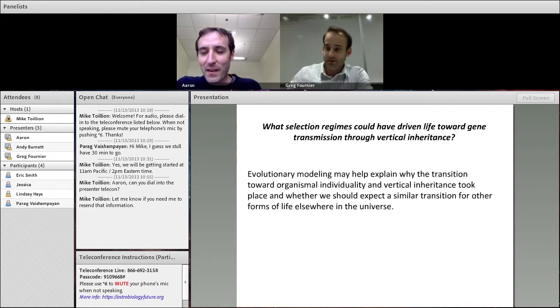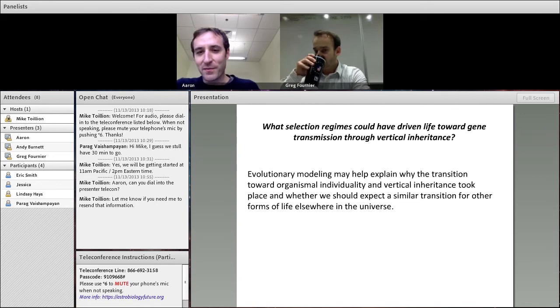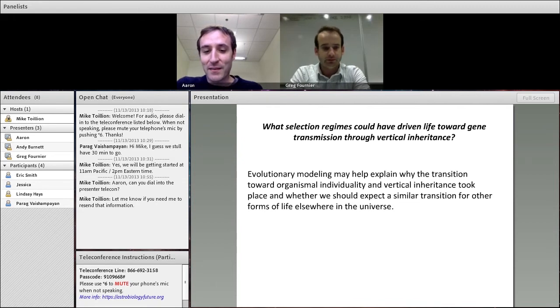Okay, so assuming that LUCA represents a change in the type of transmission of genes from a dominantly horizontal regime to a vertical inheritance regime, we thought it would be useful to understand exactly what selection pressures caused this to take place, or whether they had something to do with a change in biochemistry or genome encoding.